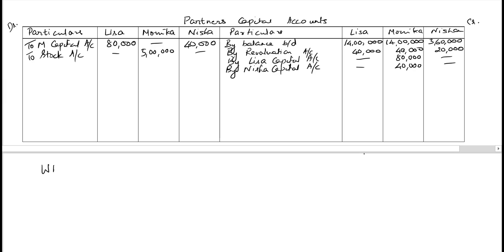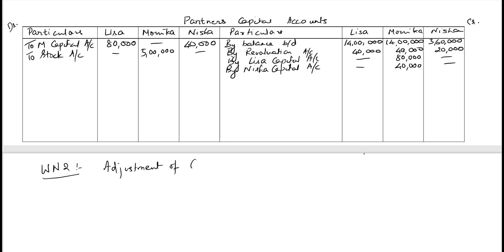So we have working note 2 as adjustment of capital. Step 1, we need to get the new capital of Lisa and Nisha.